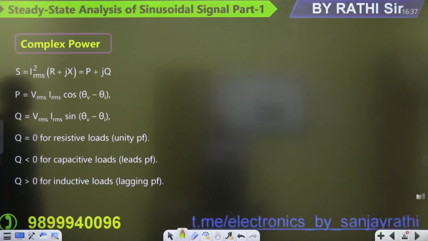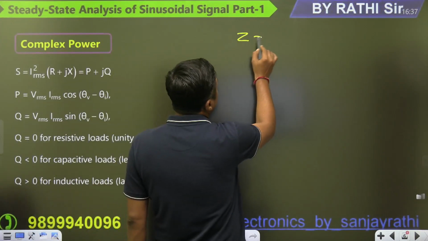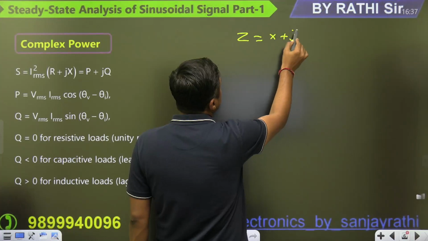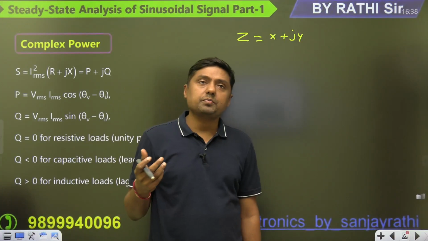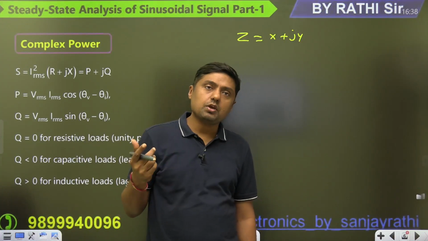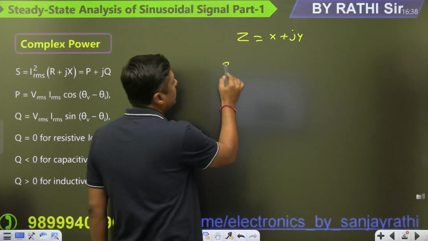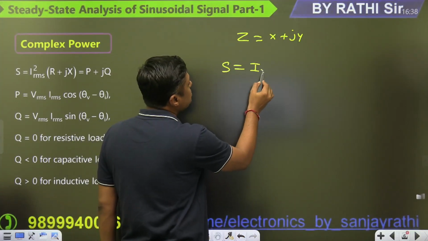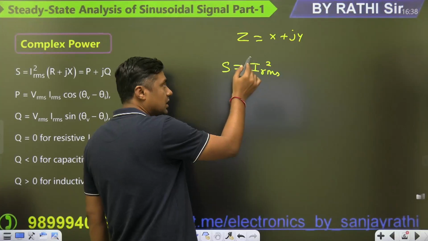Now if any impedance Z is given, X plus JY, then complex power will be given by I RMS square multiplied with Z. Remember, you have to find the root mean square value of the current.